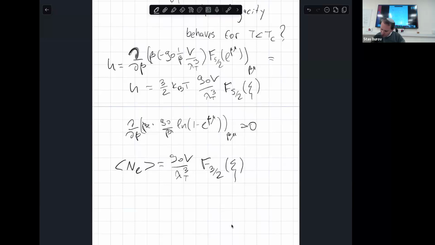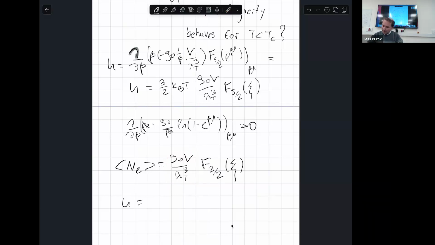Now, I want to write it in the following form. You see, I have this prefactor G0V divided by lambda T to the third. And I have also this prefactor G0V divided by lambda T to the third.